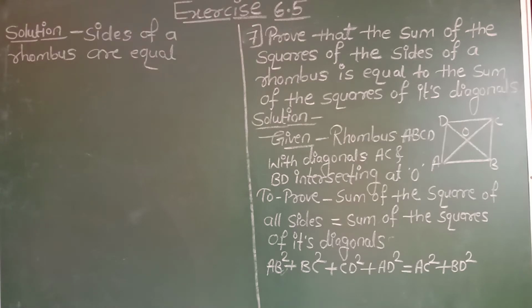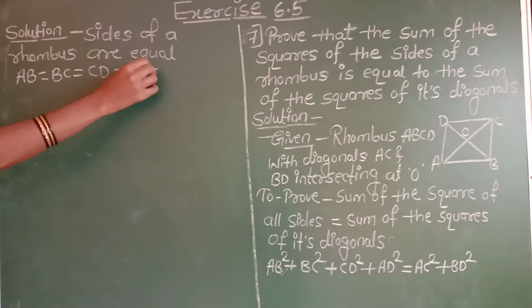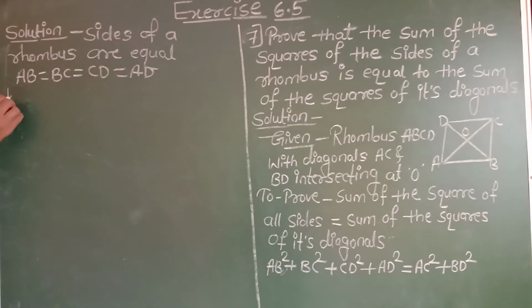Next, we can write AB is equal to BC is equal to CD is equal to AD.